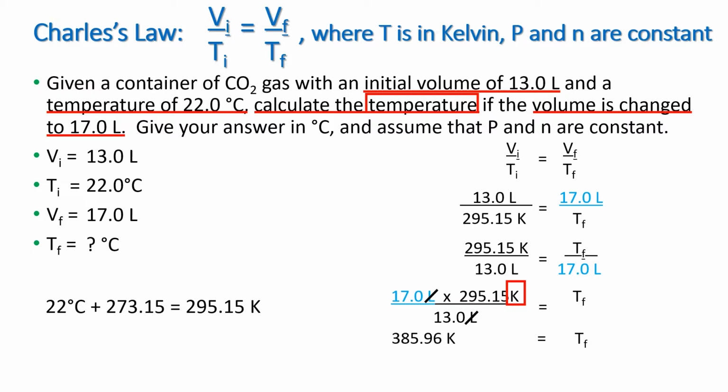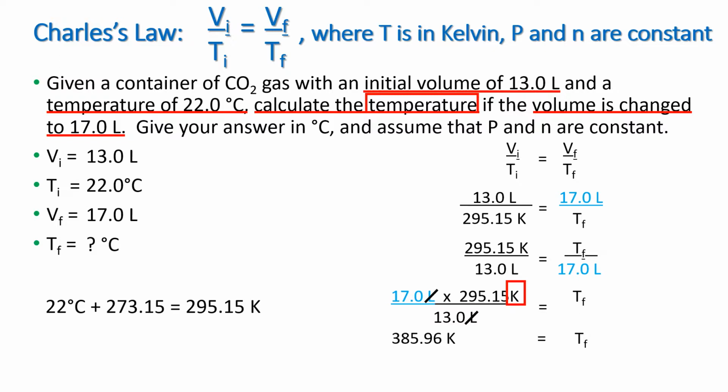Now our problem is asking not only for the final temperature, but specifically to give that temperature in Celsius. So we must convert this answer from Kelvin into Celsius. When we converted from Celsius to Kelvin, we added 273.15 to the Celsius reading.